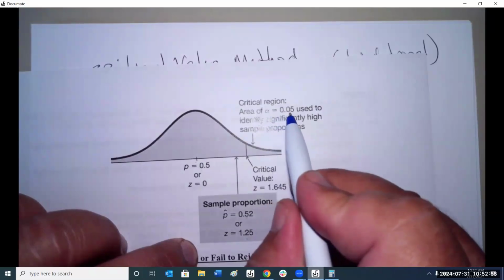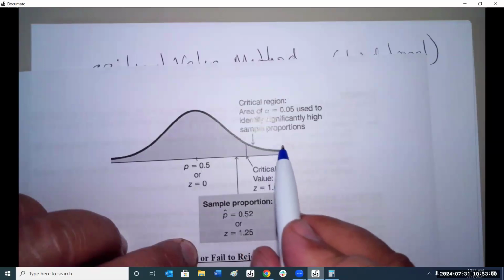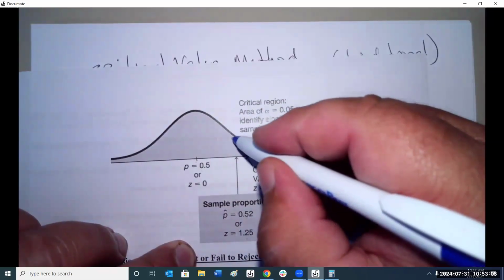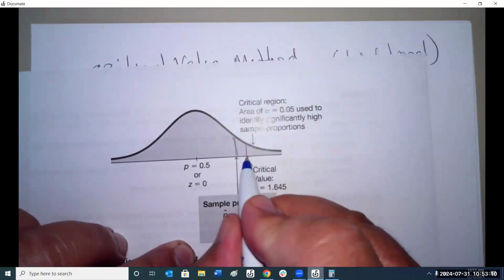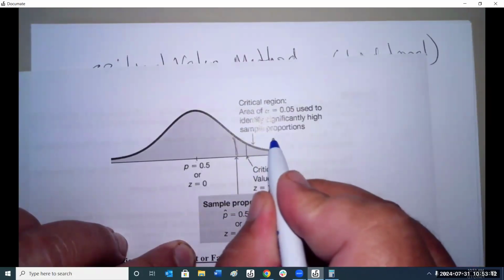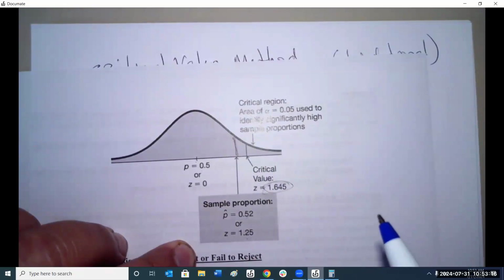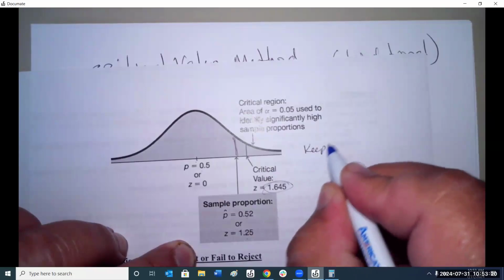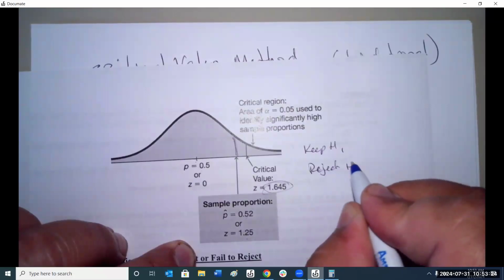With our significance level at 0.05, the critical region is anything to the right of that. So if this critical value here is 1.25, if the Z value of our sample falls to the right of it, like this one does, then we keep H1, reject H0.